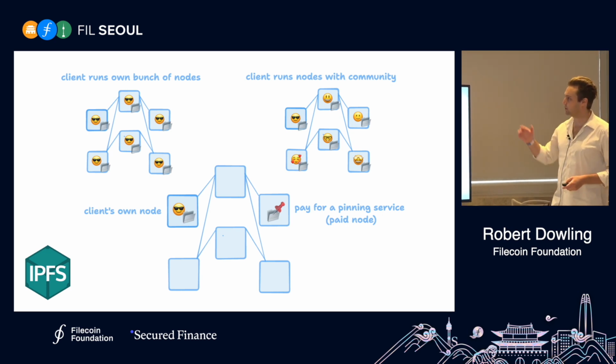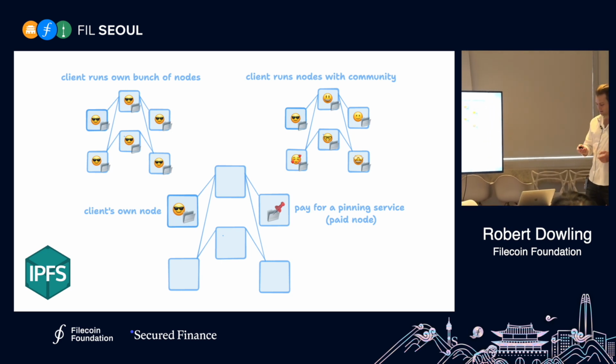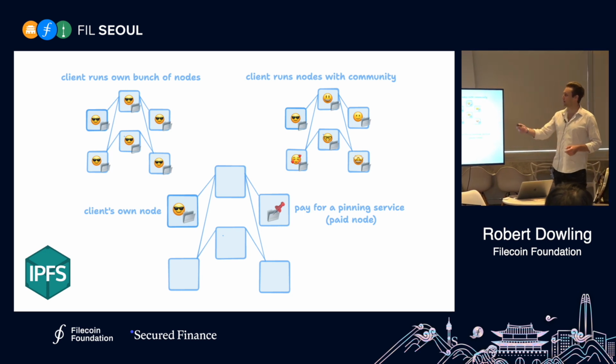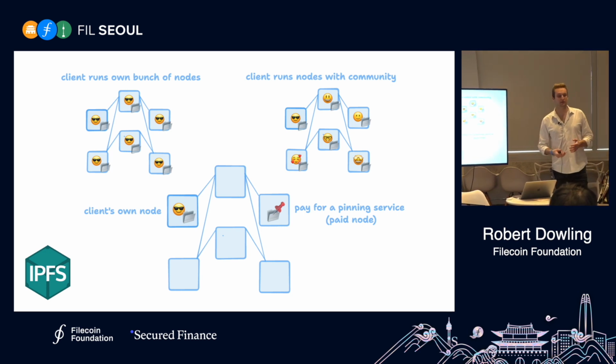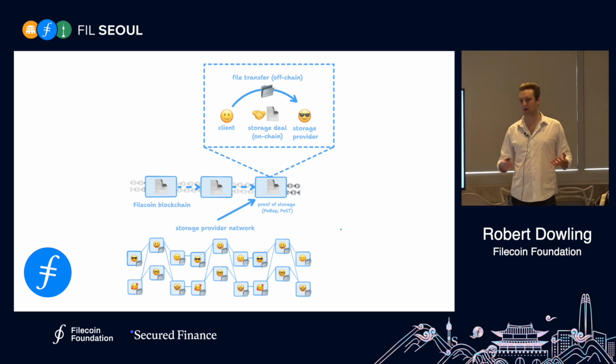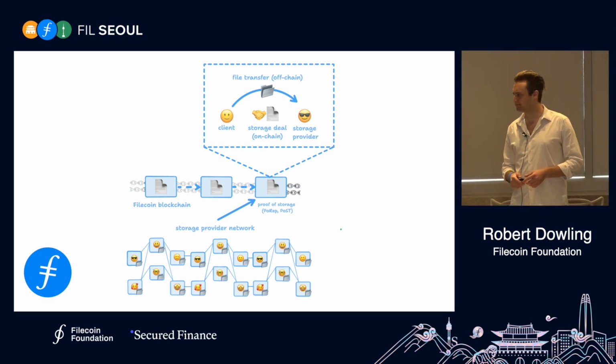This is what the IPFS stack kind of looks like. You could run your own nodes. You could run nodes with the community. Maybe you will pay for a pinning service like Pinata, but long story short, there's no guarantee your data will stay there.